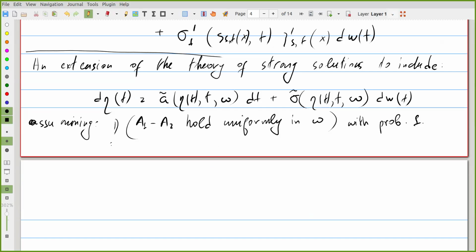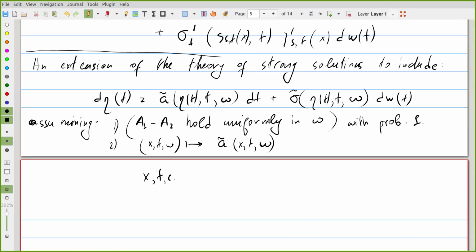And obviously we need some kind of measurability. So we need these two mappings, (x, t, ω) to b(x, t, ω) and σ(x, t, ω), to be progressively measurable. Again, it's slightly an overkill, and adapted would work too.